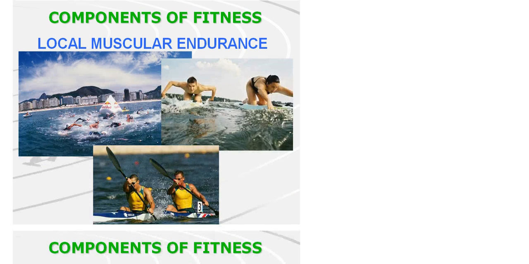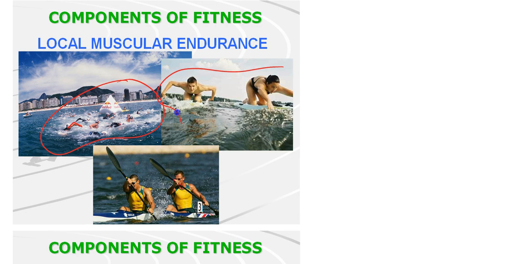So some examples of local muscular endurance. Here we have an ocean swim. For local muscular endurance, we're looking at the arms with a repeated action. For the swimming, we could also look at the legs, the repeated kicking action.